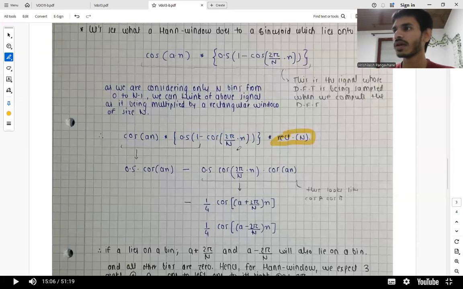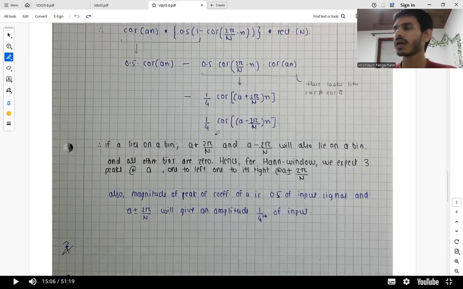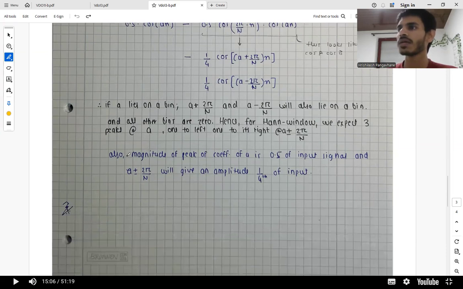Then when we plot it, we came across the condition where we saw that it took three bins, where the magnitude of the peak at the coefficient of A is basically half of the input signal, and for the left one and right one, which is A plus minus 2 pi by N, it gives an amplitude of 1/4 of the input.